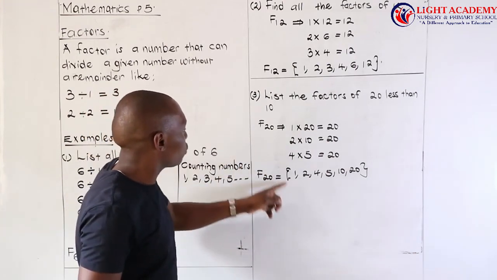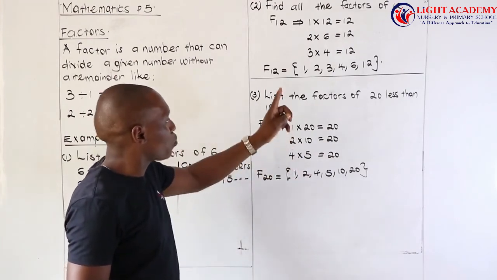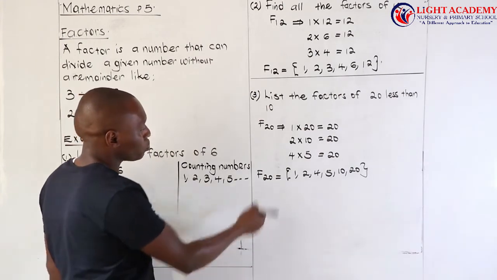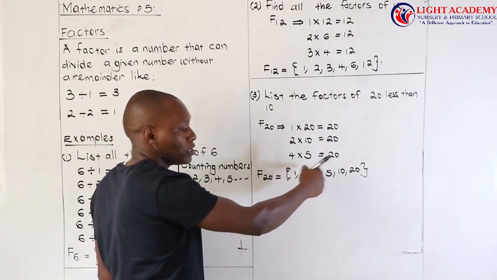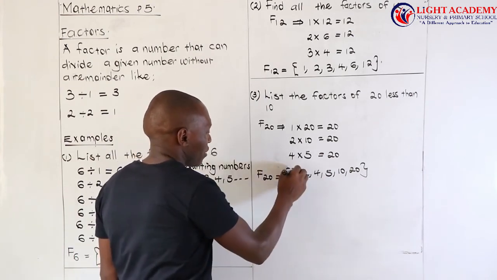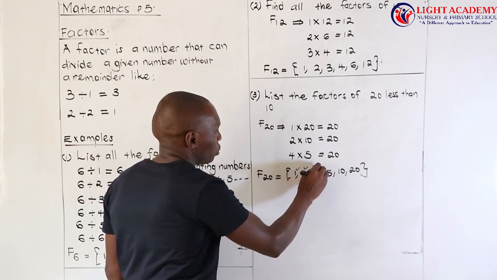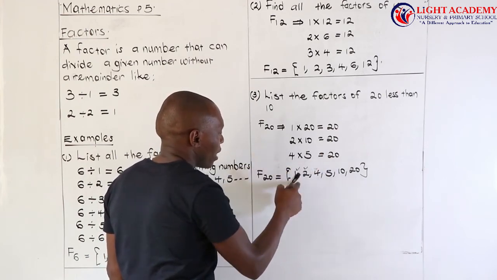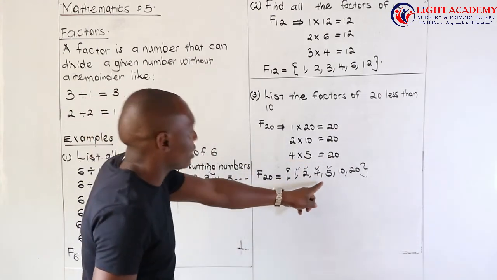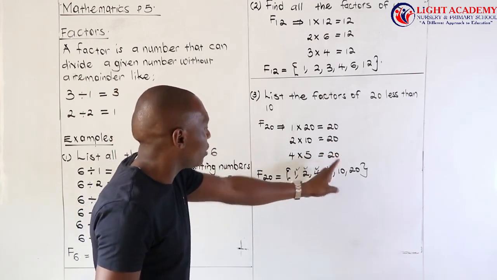So the question tells me to only point out the factors of 20 that are smaller than 10. So we go to all the factors of 20 and point out those that are smaller than 10. The factors smaller than 10 shall be 1, 2, 4, and 5. So the ones I've marked here are the factors of 20, but smaller or less than 10.